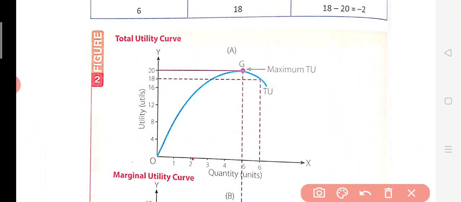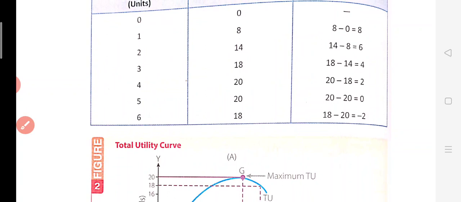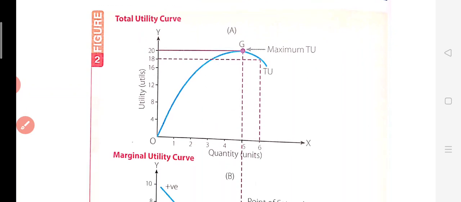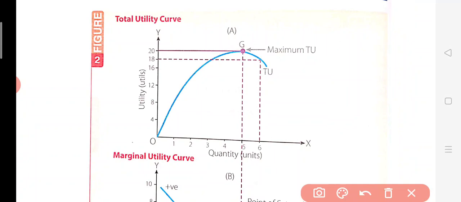So at second it was somewhere up over here. Then at third it again rose up. At third how much was it? 18. So at third it was at 18 here.